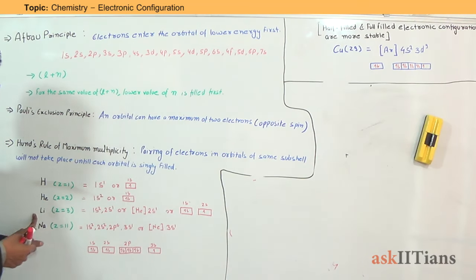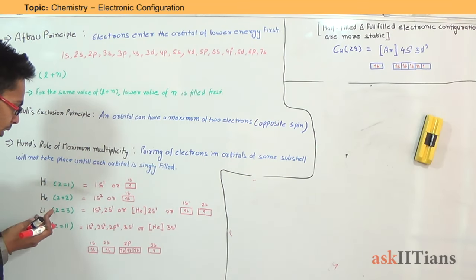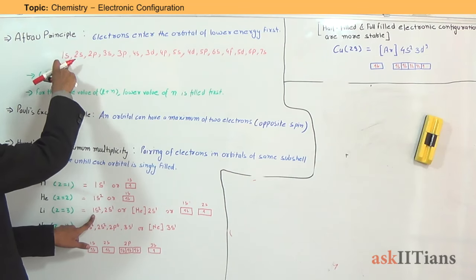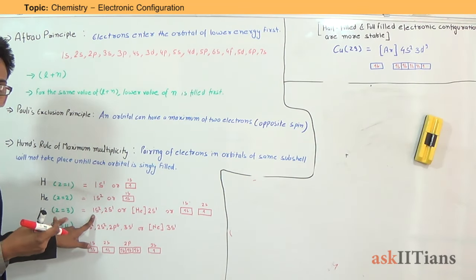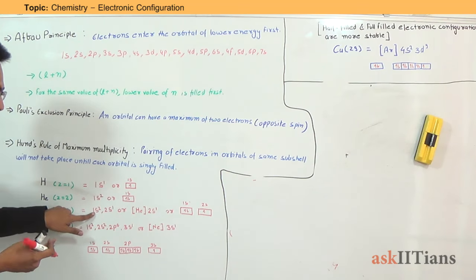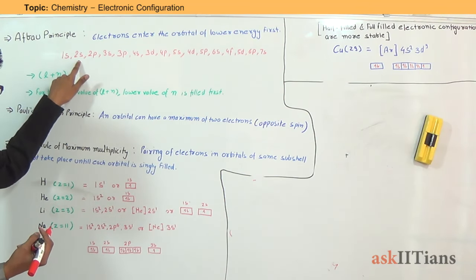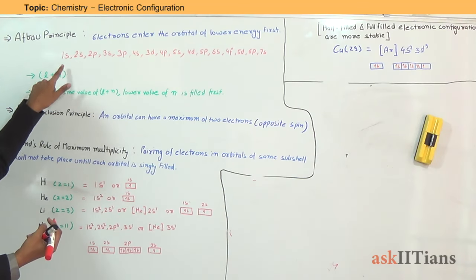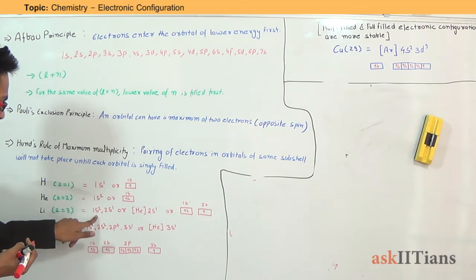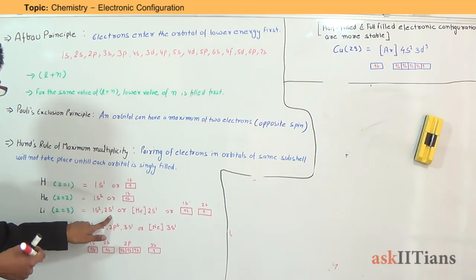If we talk about lithium, it has 3 electrons, atomic number 3. First we fill the 1s orbital, which can contain a maximum of 2 electrons. We are left with 1 more electron, so we move to the 2s orbital. The electronic configuration will be 1s2 2s1.